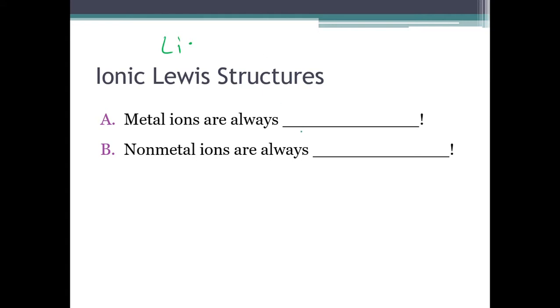So, two things to remember when you're doing this. Metal ions are always naked. And nonmetal ions, again, not the atom, but the ion, are always stuffed. It sounds a little silly, but here's what that means.